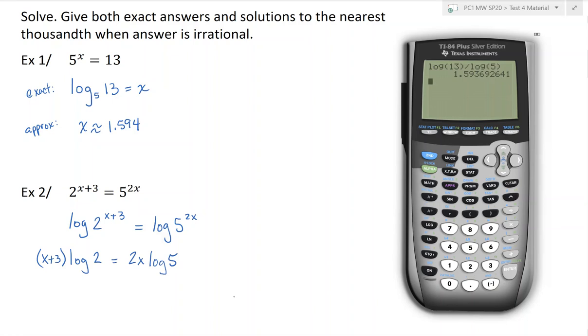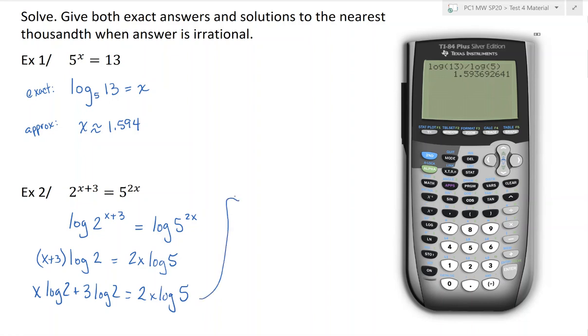Now the way that helps is that now x is not in the exponent, and we can just solve this algebraically from this point on. First I want to distribute, so I have x log 2 plus 3 log 2 equals 2x log 5.